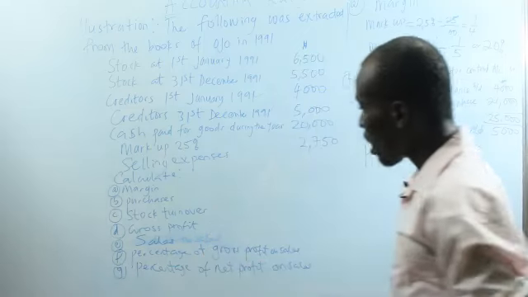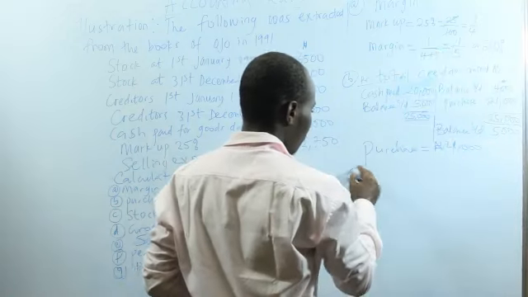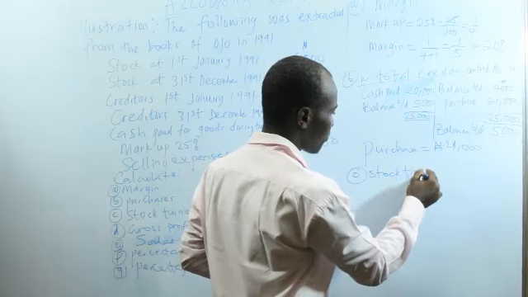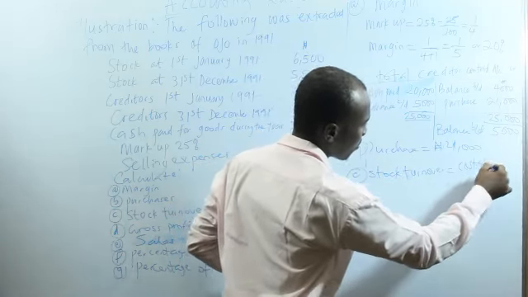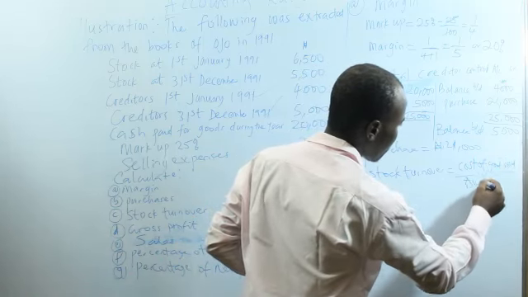So we are asked to find the stock turnover. Stock turnover is equal to the cost of goods sold over average stock.